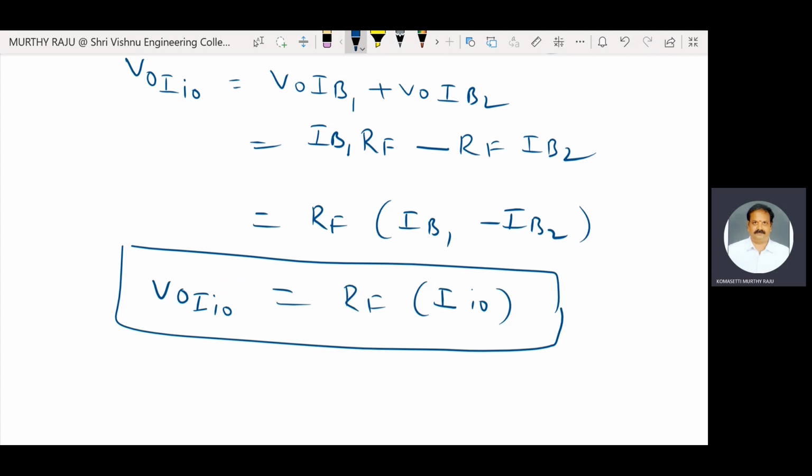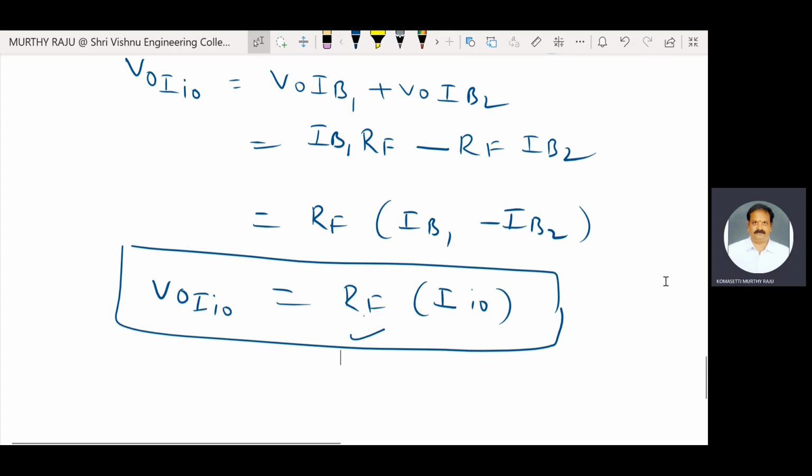Without ROM and with ROM, we consider both. The output offset voltage V0 IIO, for a given value of input offset current IIO, depends on the feedback resistance RF. This is the derivation of the output offset voltage due to input offset current.